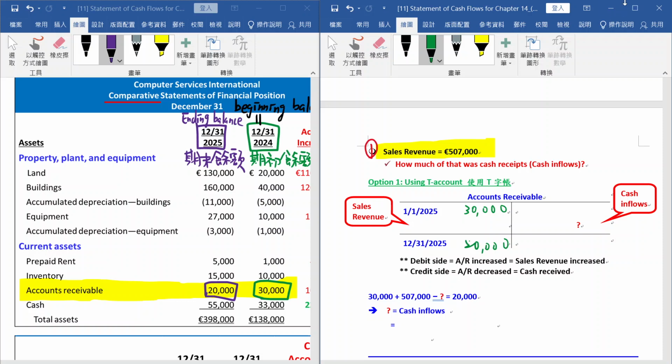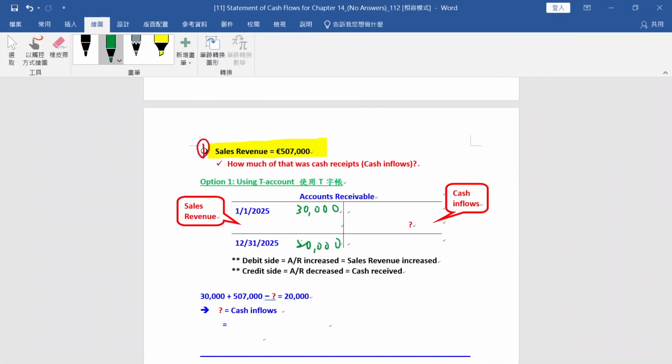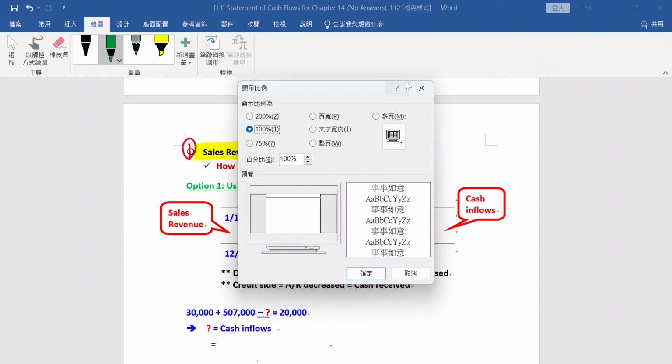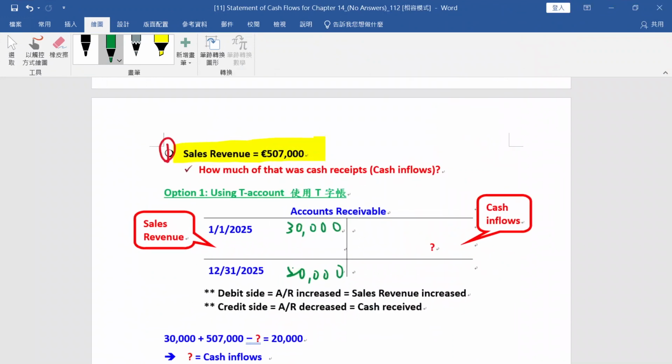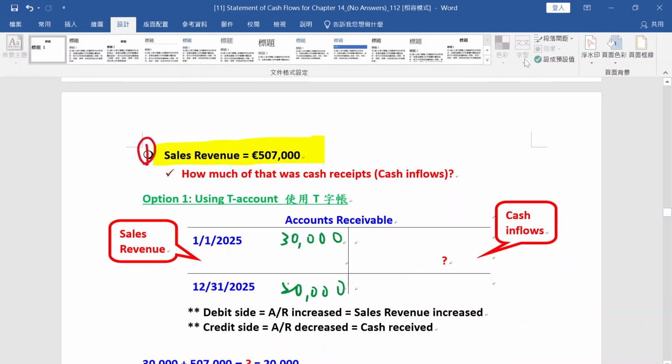So based on the numbers I already have, how do I find out cash flow? Accounts receivable beginning and ending balance. You got the help from your page 13, right? Balance sheet.